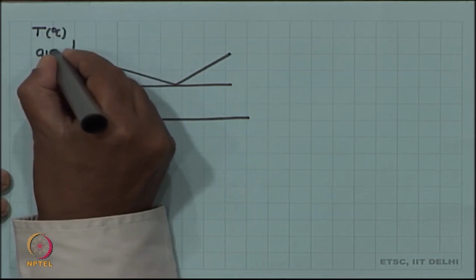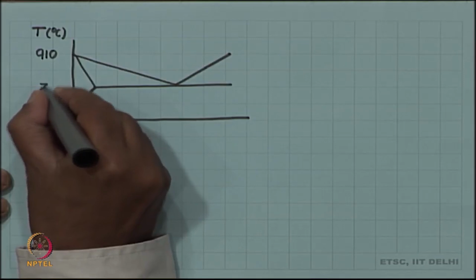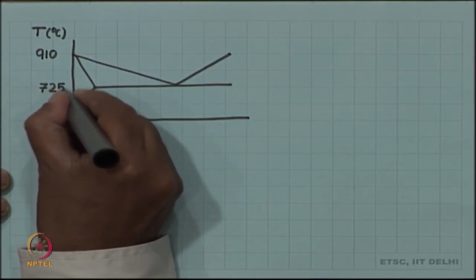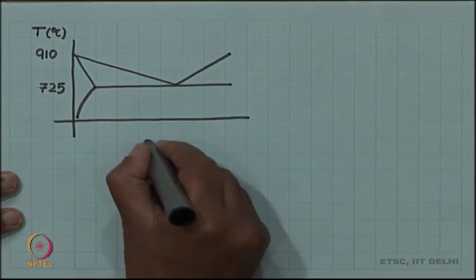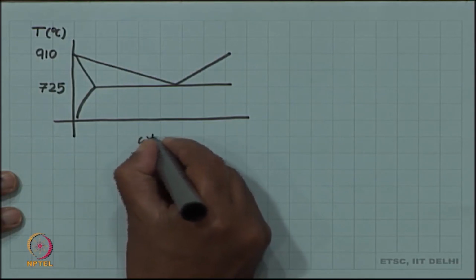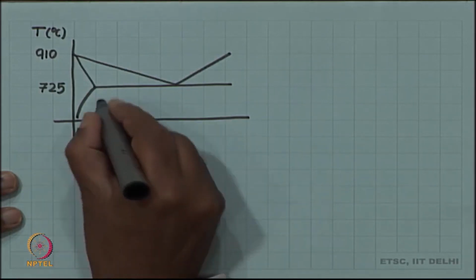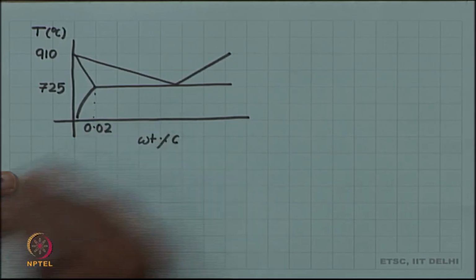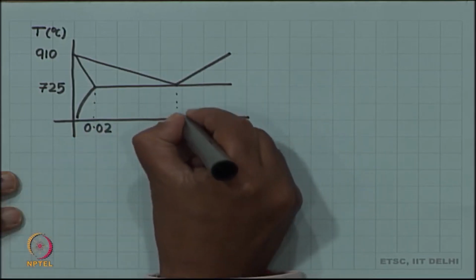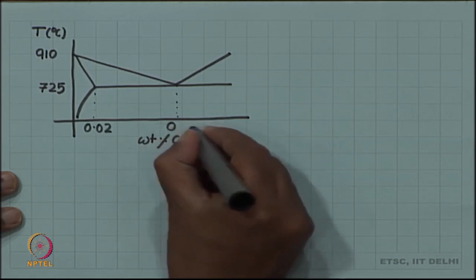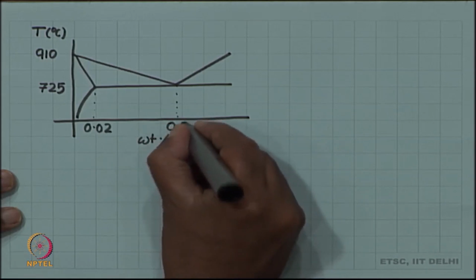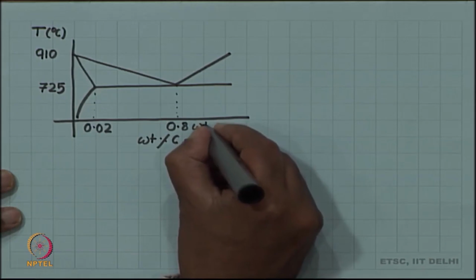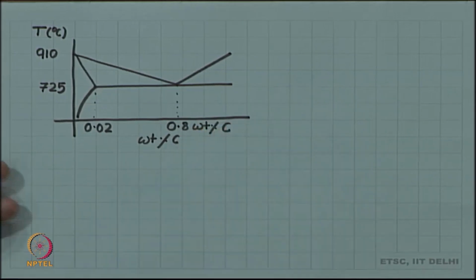This is 910, this is 725, and the x axis is weight percent carbon. This is 0.02, very low carbon, and this is the so called eutectoid composition with 0.8 weight percent carbon. So, this was our iron carbon diagram.